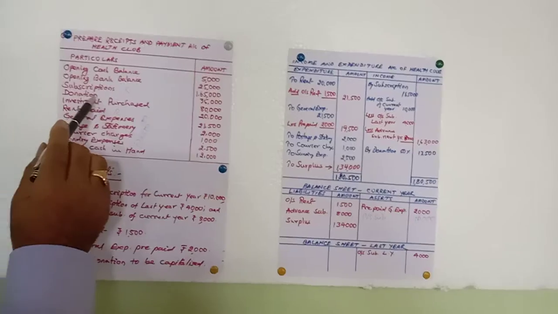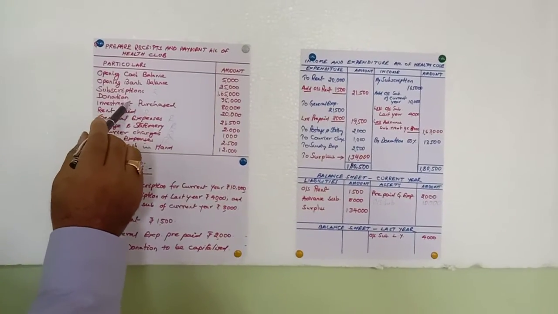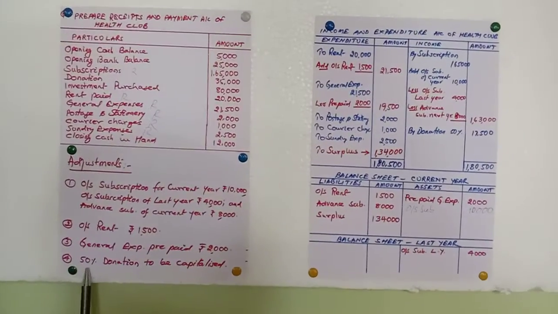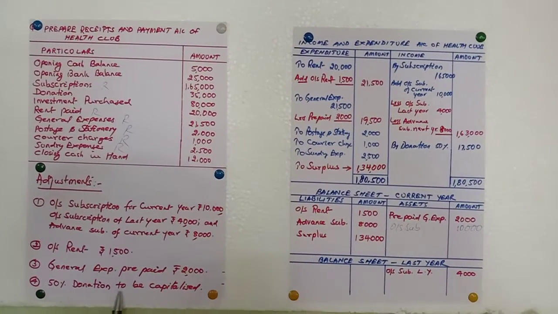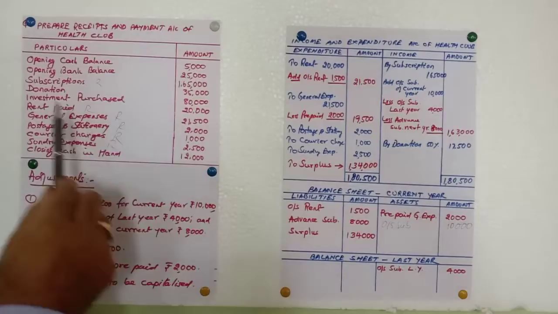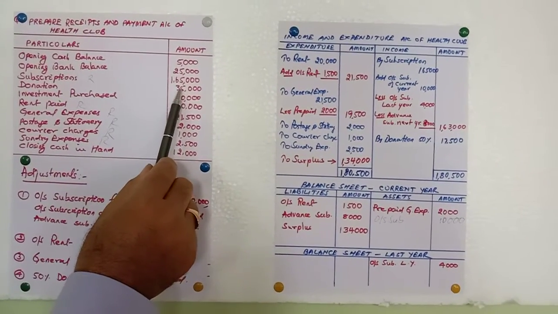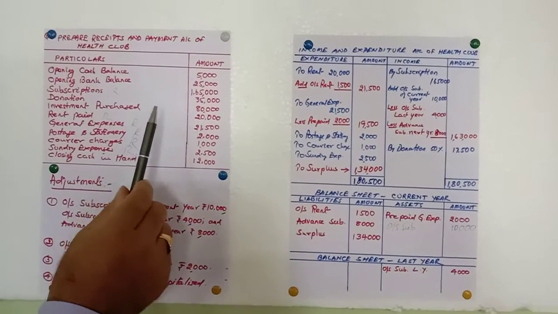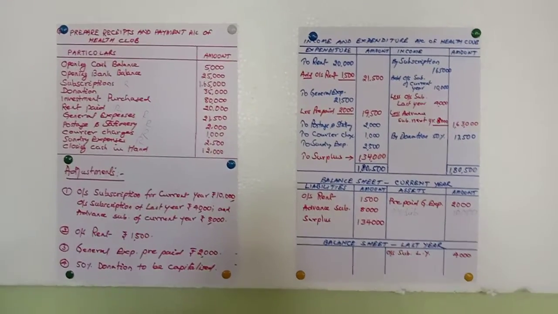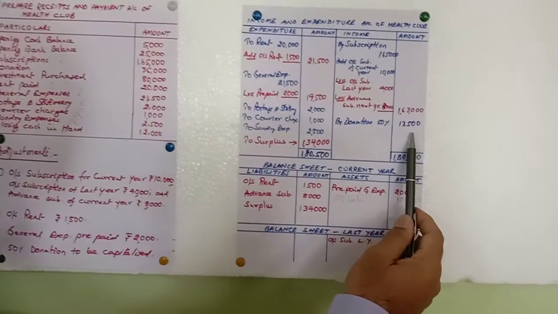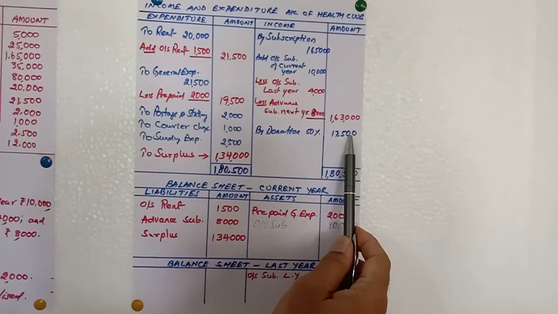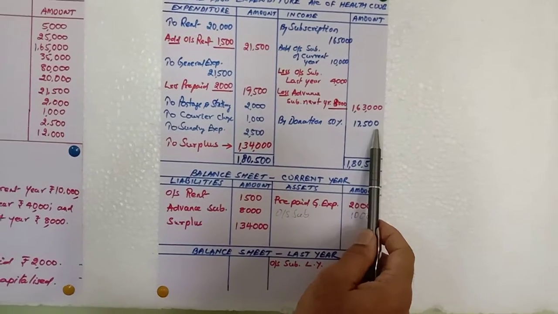Now donation can be capital as well as revenue based on the question. So here in the question they say 50% of donation to be capitalized. That means out of 35,000, 50% is 17,500 should be taken as donation as revenue. Remaining 17,500 will be taken as capital.